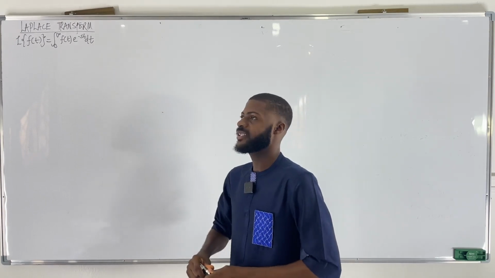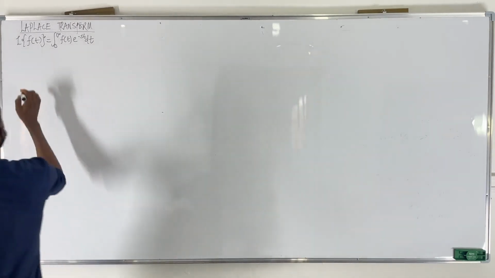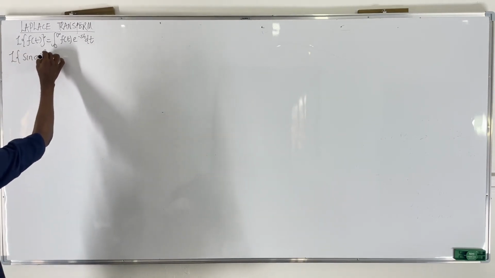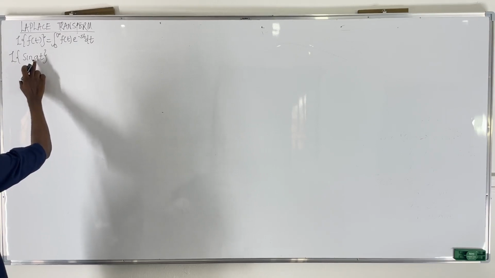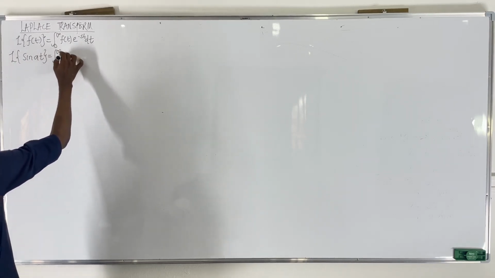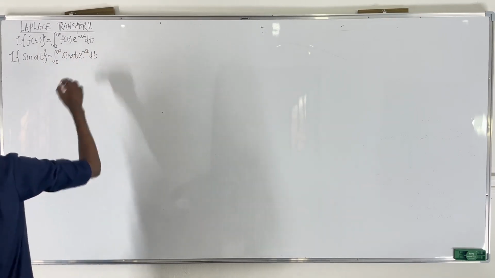Now we're looking for the Laplace transform of sine at, where a is a constant. So a is going to be a number. So this will become the integral from 0 to infinity of sine at e to negative st dt.